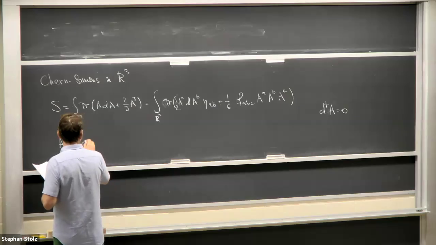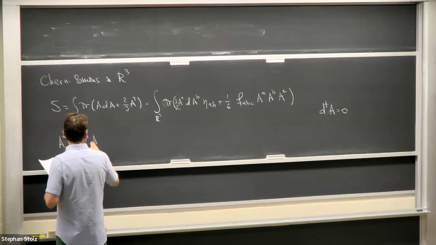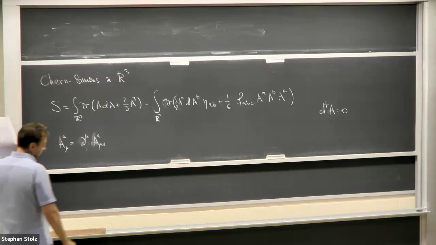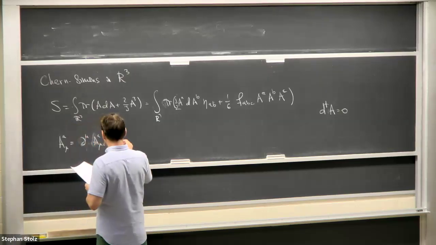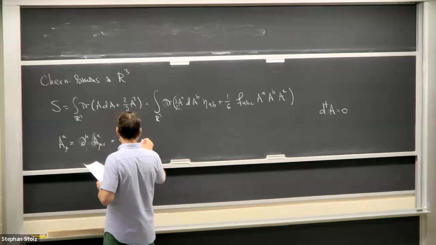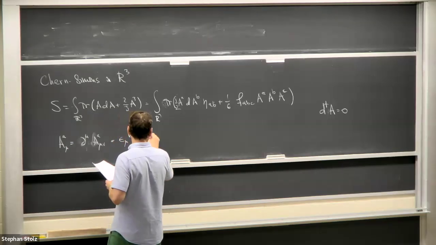You can write A_mu as d_mu of some lambda, or some other form. This is equivalent in flat space; of course, on a compact space these are two different things.